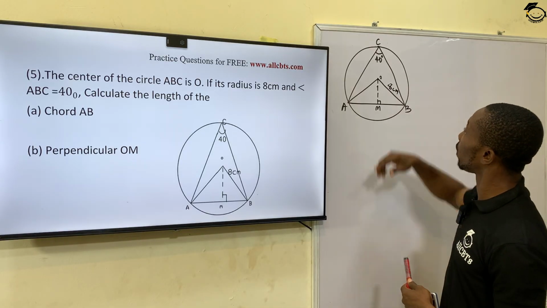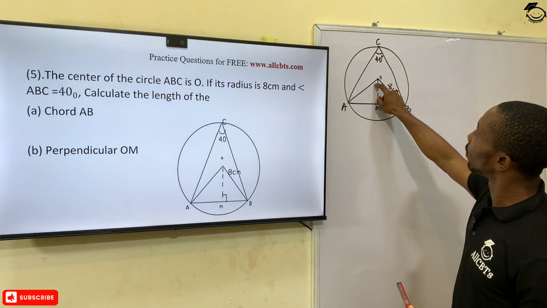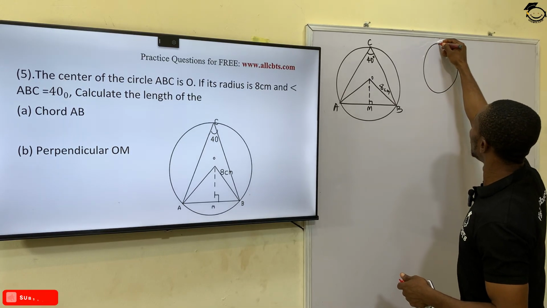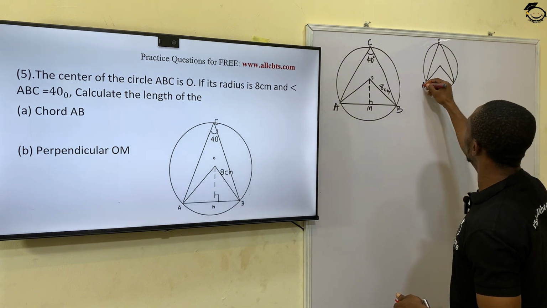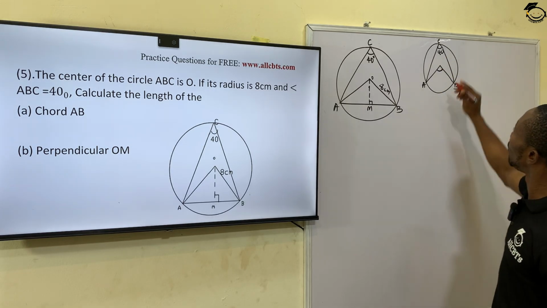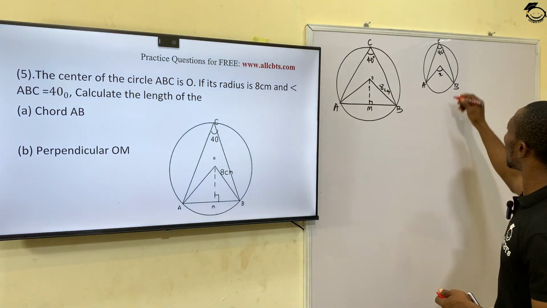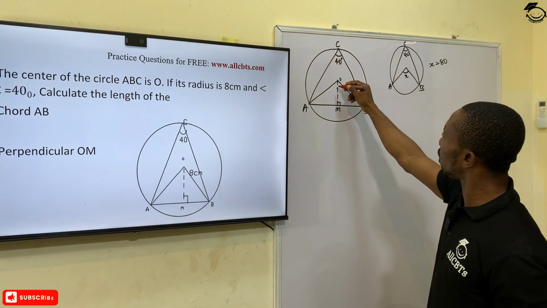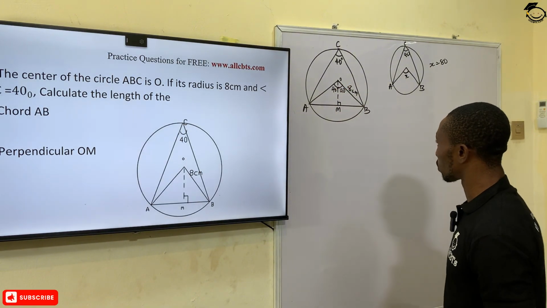That is to say, 2 times your angle at the circumference forms the angle at the center. So with this as C, A, and B, this is 40. This angle X will be twice the angle at our circumference, so X equals 80. If this is 80 here, that means here will be 40 and here will also be 40.